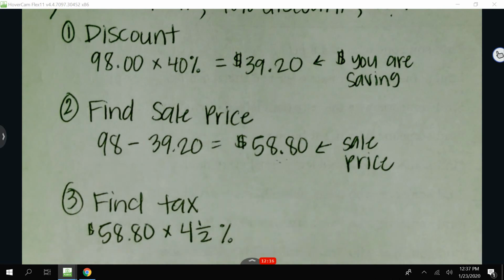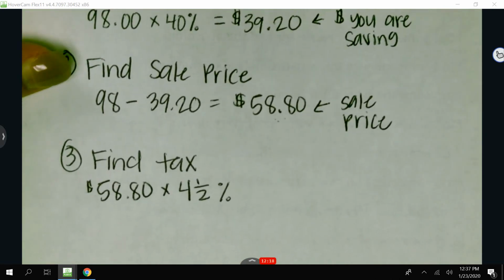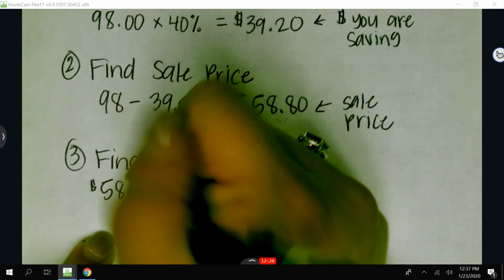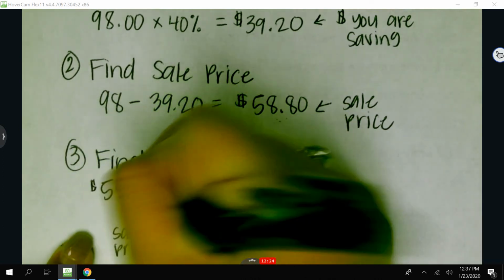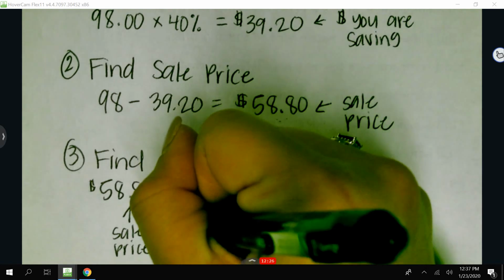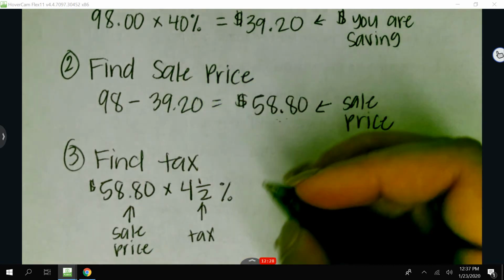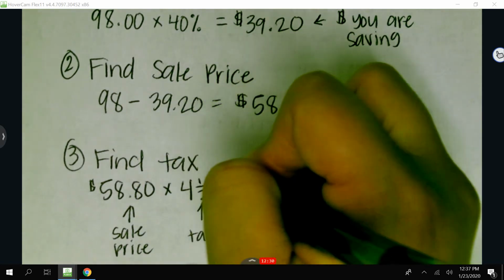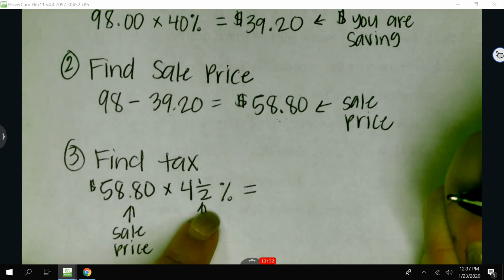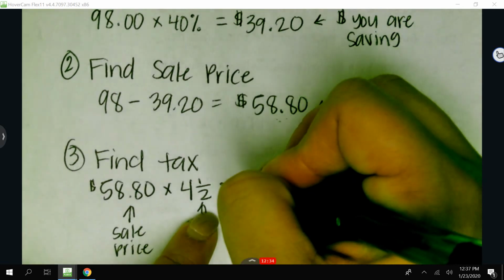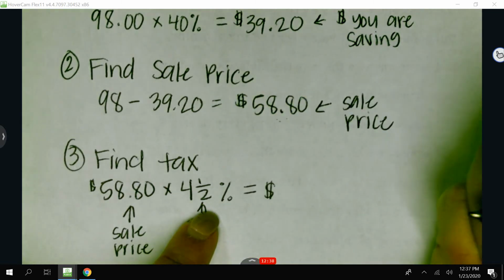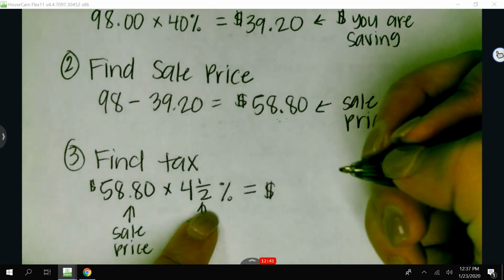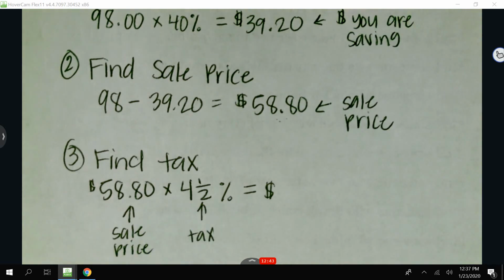Yes, that is perfectly fine. So this $58.80, remember that this is our sale price. This 4.5% is the tax, the percent of tax. So when I multiply the two together, what do you get? Should be $2.65.